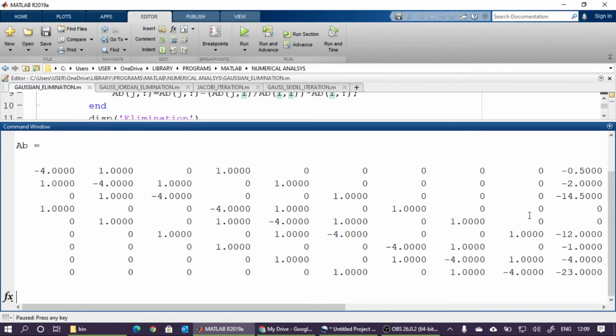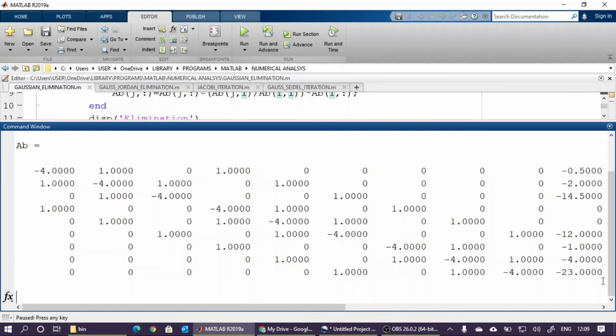Please note the last column is B. The remaining part is A. Please note A is a 9 by 9 matrix. B is 9 by 1. So AB is 9 by 10. If you are using Gaussian elimination, we require 8 eliminations.